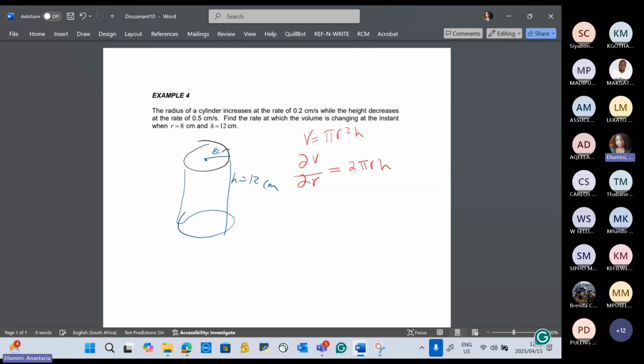Then we do the partial derivative of V over the partial derivative of H, which is pi R squared. Okay, then?